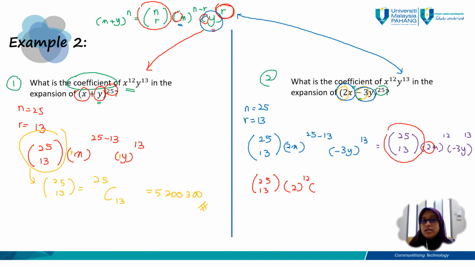And multiplied with minus 3, which is the coefficient for y, that means minus 3 to the power of 13. So just use the calculator. The coefficient for this expansion, I will have minus 3.396 multiplied with 10 to the power of 16. A very large number.